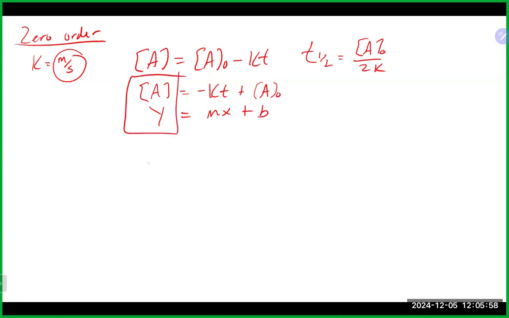So the typical graph that we associate with this is the concentration of A versus time on the x, going to get us a straight line with a negative slope, and the rate constant will equal basically minus the slope in this case. Any questions on that one there?